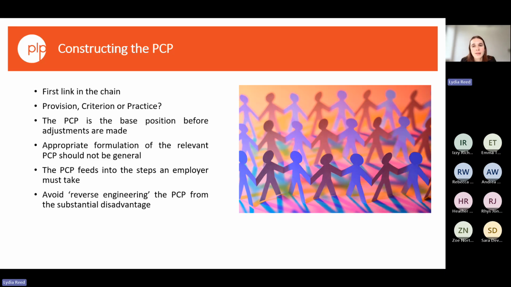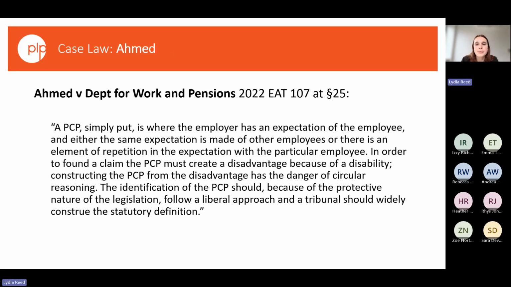The EAT have cautioned against reverse engineering the PCP. I'm sure all of you will be familiar with case management hearings. If faced with a situation where the PCP isn't quite clearly constructed, it is tempting to look at the information that's on the page in the ET1 form. However, the case of Ahmed, which is on this slide, serves as a reminder not to take the PCP from the substantial disadvantage.